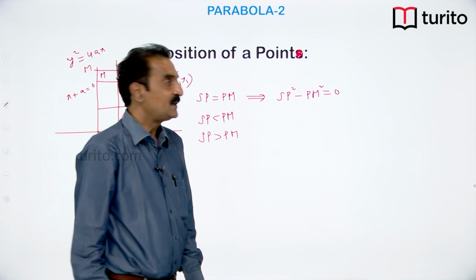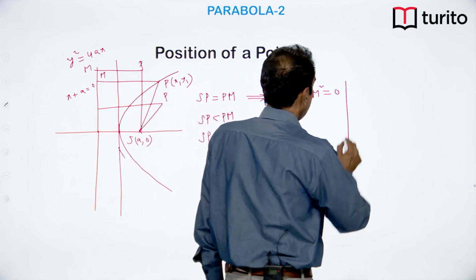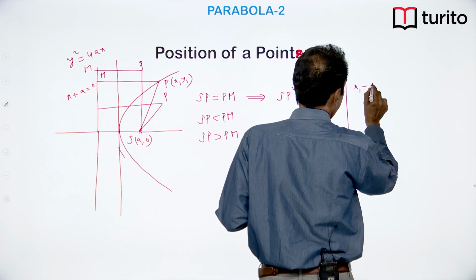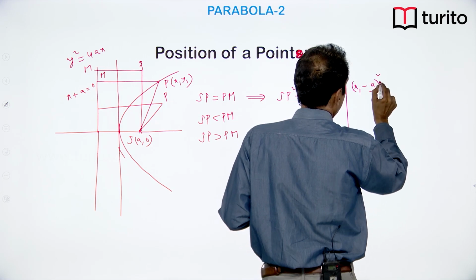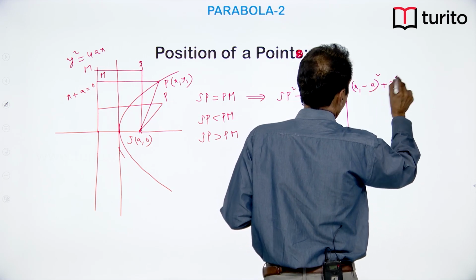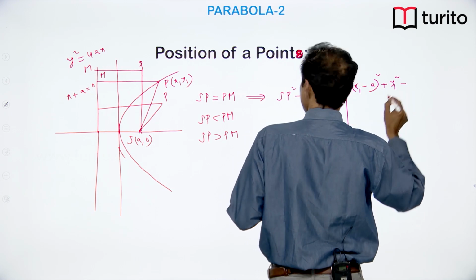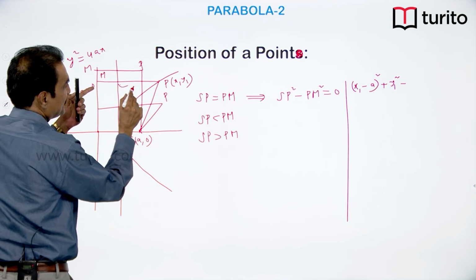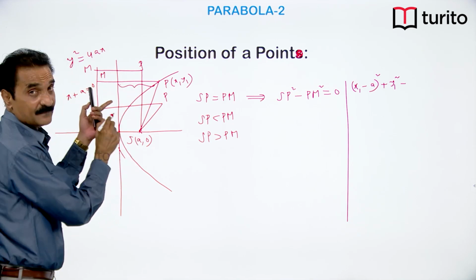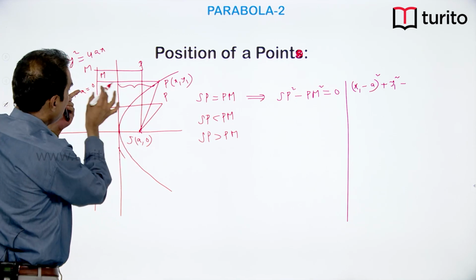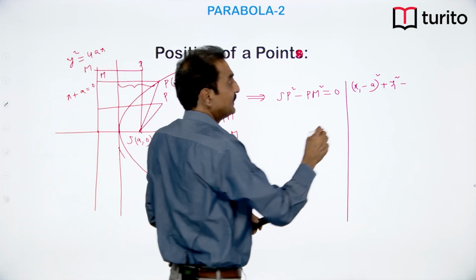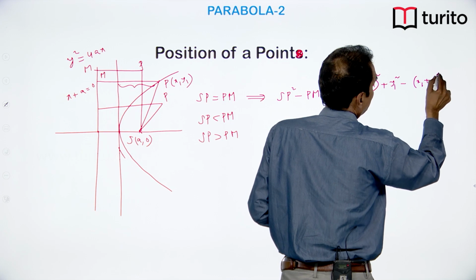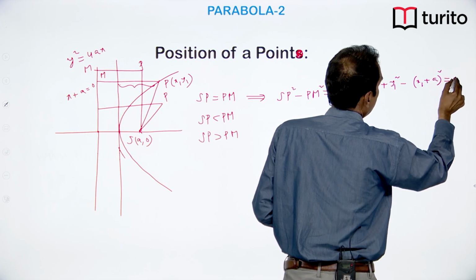Let us simplify. What is SP square minus PM square? SP square is (x1 minus a) whole square plus y1 square, minus PM square. What is this PM? This part is x1, this is a. So, PM is x1 plus a, minus of (x1 plus a) whole square should be equal to 0.